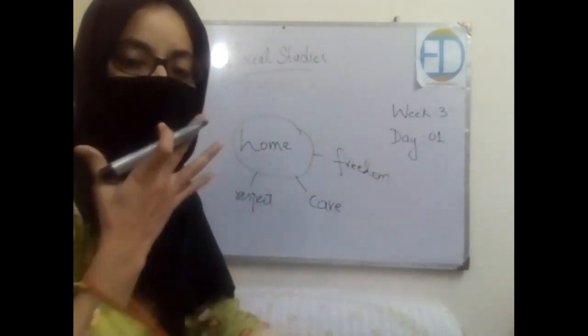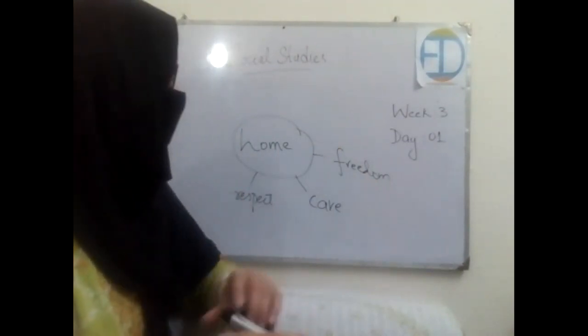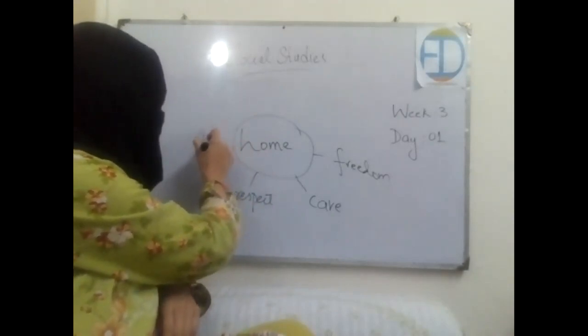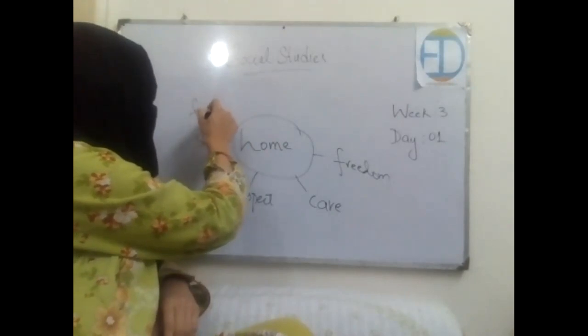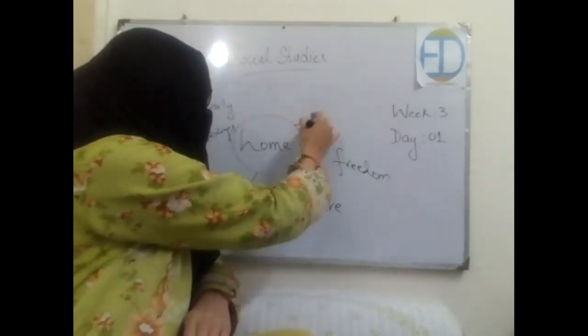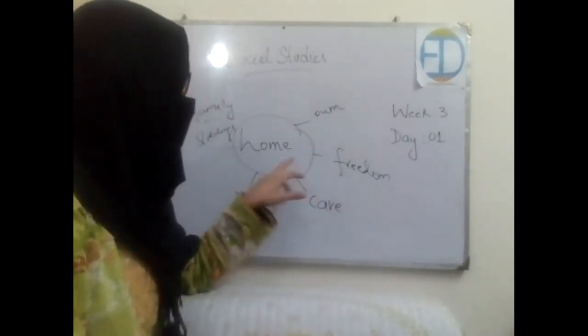We can call it freedom of actions because we can do anything at any time, right? Okay, what else? In a home, we have siblings, or let's say family, right? Okay, what else? You own this, ownness, right? Okay, what else?